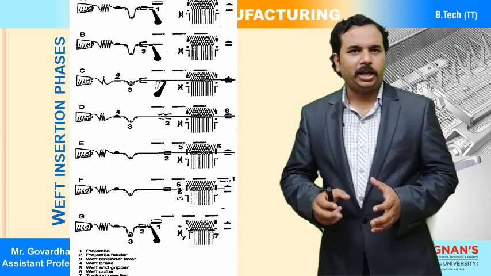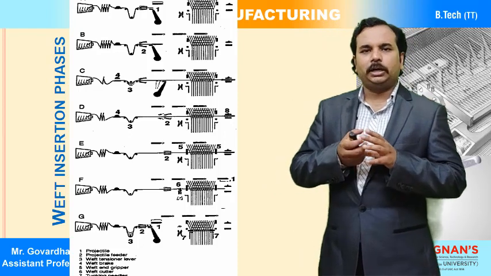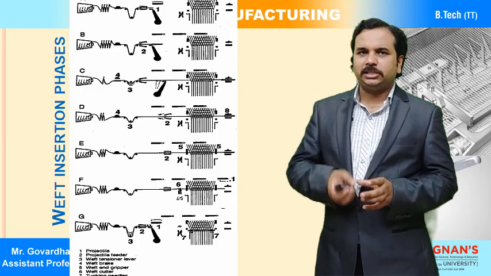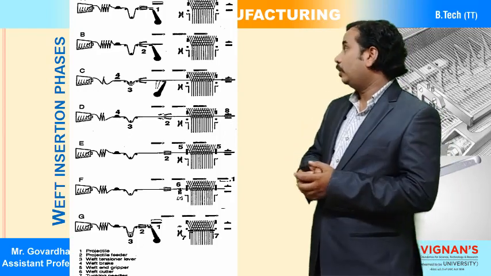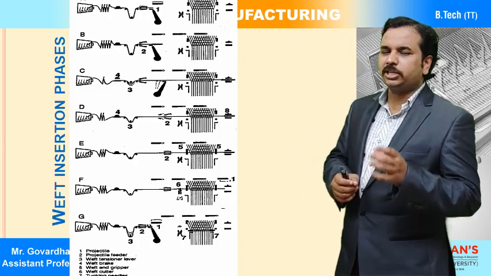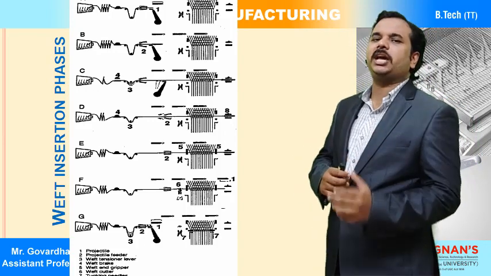Then the projectile picking arm, projectile shoe, ribbed guides, scissors, and tucked-in selvages are present here. Now, what are the picking or weft insertion phases, and how are these elements activated and deactivated?